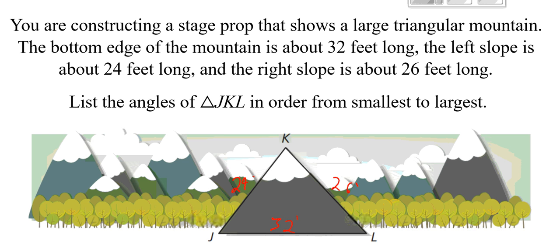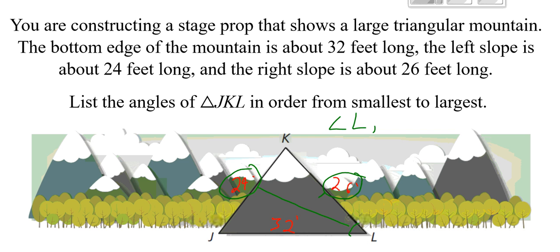In order to do so, I'm going to look for my smallest side. My smallest side is 24, so the angle that is opposite that is angle L. So angle L is our smallest angle. The next largest side is 26.